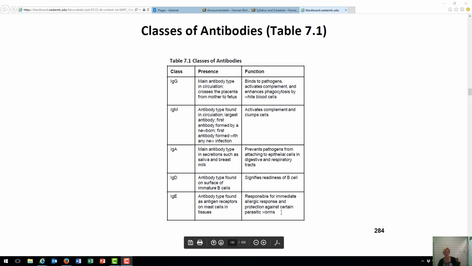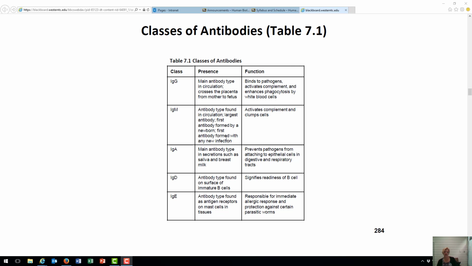Also, if a person has had a parasitic worm infection, we're going to see higher numbers of IgE in the plasma. IgA is an important antibody that is secreted in the saliva and breast milk. So breastfeeding moms will secrete IgA into the breast milk, and that will give baby immunity after birth. So that's an important antibody for protecting babies early in their life while they're breastfeeding.